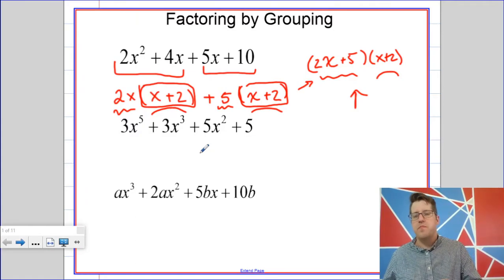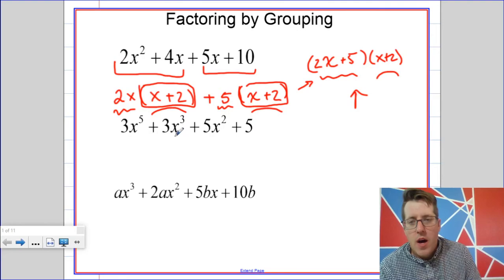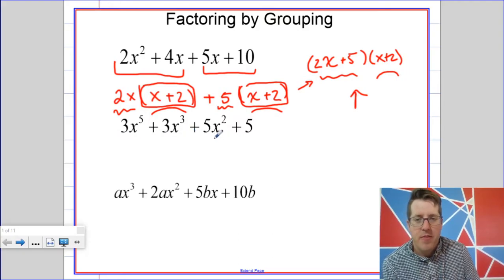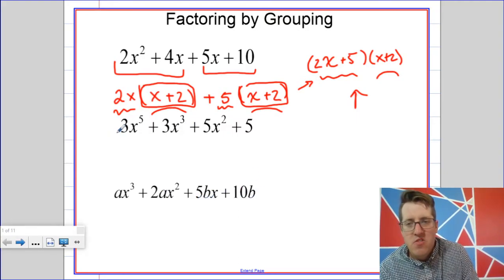All right, here goes. So sometimes you will notice a pattern. So for example, the 3 and the 3, and the 5 and the 5. Or in the problem below, 1a, 2a, 5b, 10b. So let's just do this example. The greatest common factor from the first 2 terms is 3x cubed.